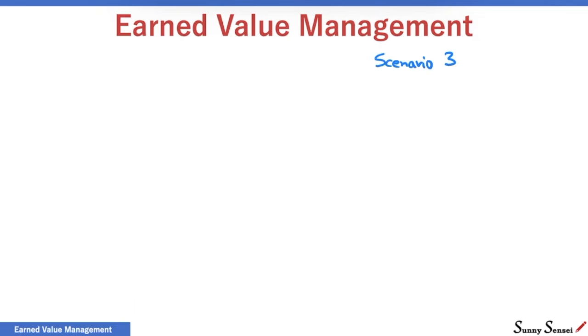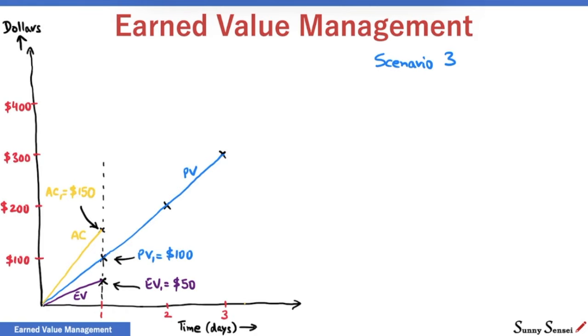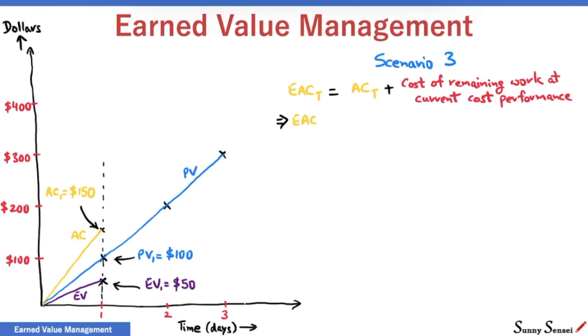Scenario 3. Sometimes we see no possibility of the project progressing as per the planned value curve. We expect the remaining project to perform at the same level as it has been doing till now. The actual project performance becomes the basis of the estimation. EAC is the actual cost plus the cost of remaining work at current cost performance. To find the cost, let's have another look at the CPI. CPI is the value of work done per dollar spent.